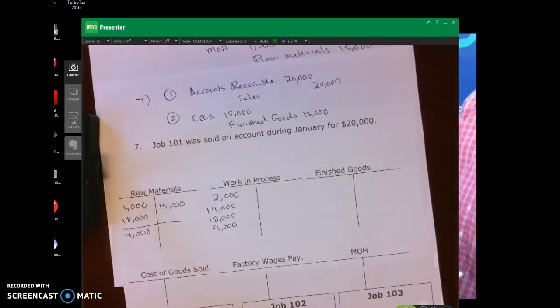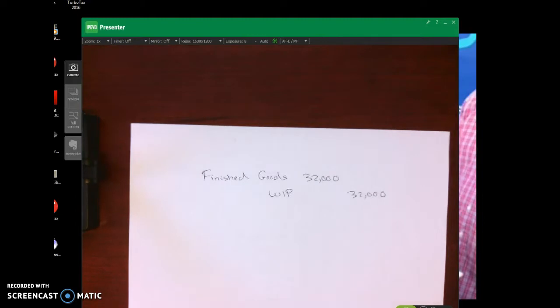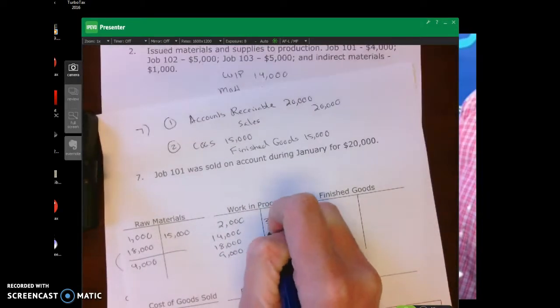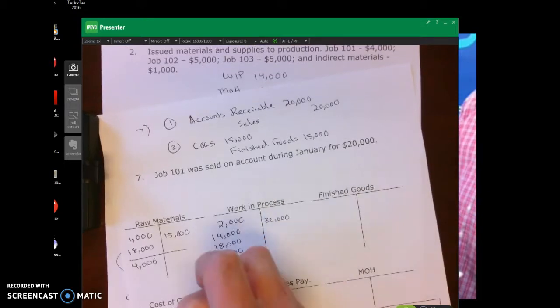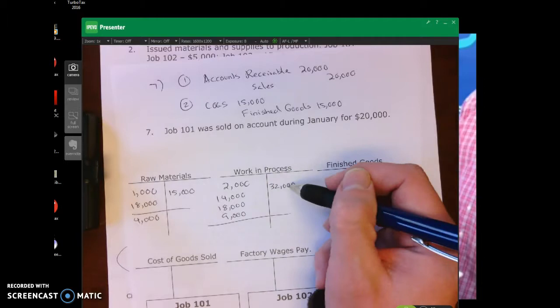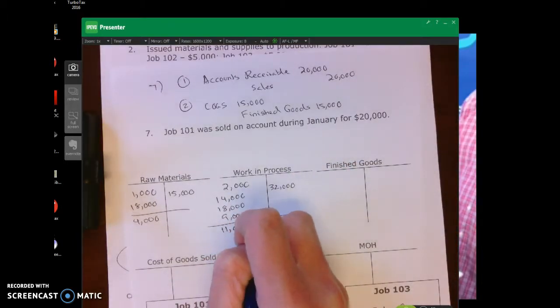And then if I flip the page over, we credited WIP for $32,000. So I put $32,000 over here. And I can calculate the balance in work in process by adding up all these and subtracting 32. And when I do so, I get $11,000.